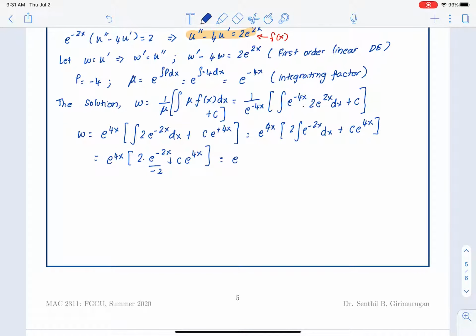Which would give us, the 2's would get cancelled. So we have negative e raised positive 2x plus c times e raised 8x. Just checking my work one more time.